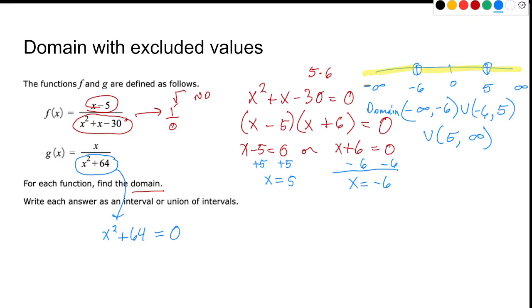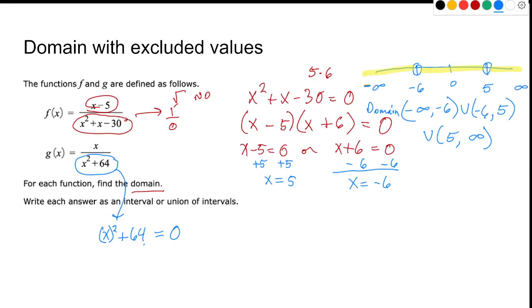For it to be equal to 0, x squared would have to be somehow negative so that it subtracts from 64, right? Because this is positive 64. And remember, you're going to square. So if you put in a negative number, it gets squared, it's going to be positive. X squared is always a positive number. A positive plus a positive is positive. It can't become 0. That's one way to think of it.